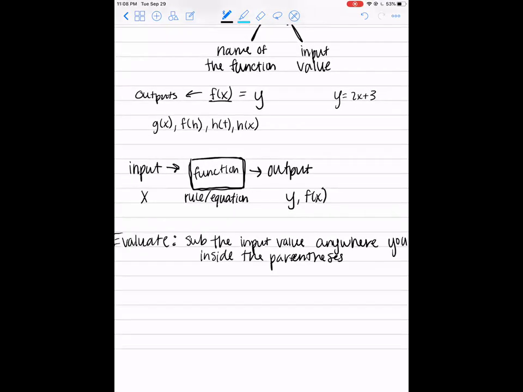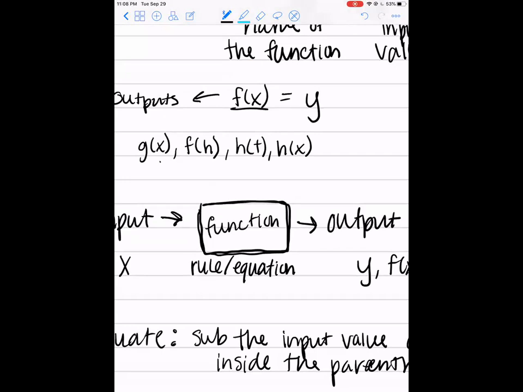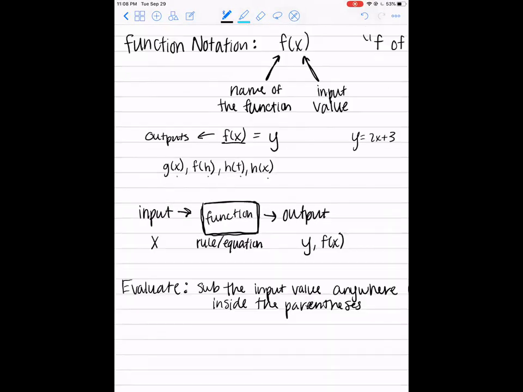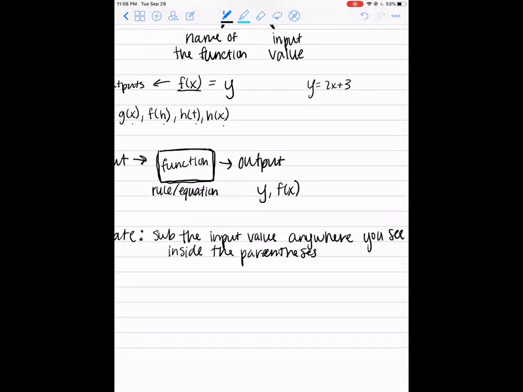So like on our examples over here, we had x, h, t, and x as our input values. So anywhere I see that, I'm going to substitute in the given value anywhere I see that letter.